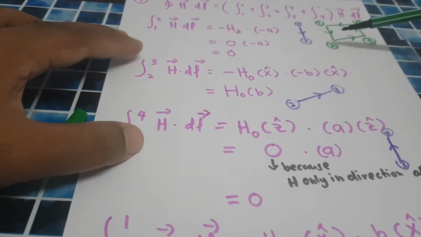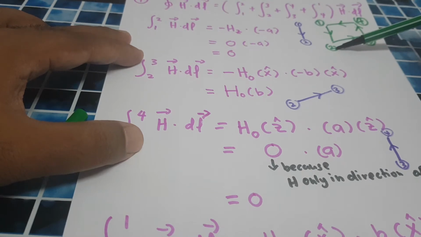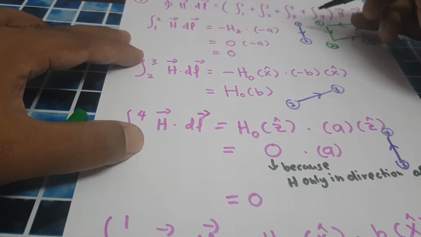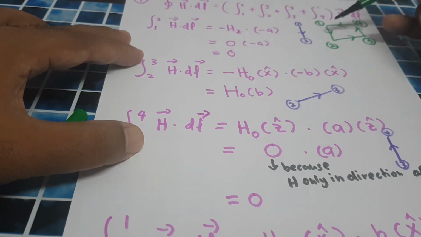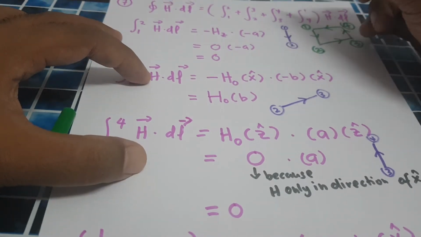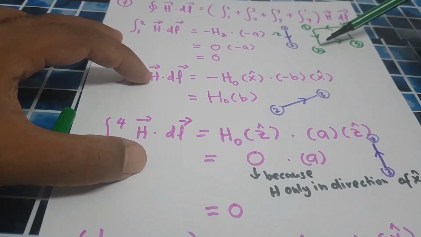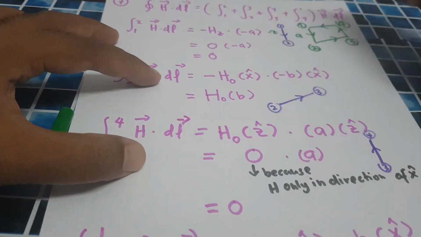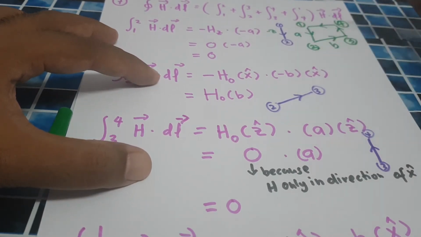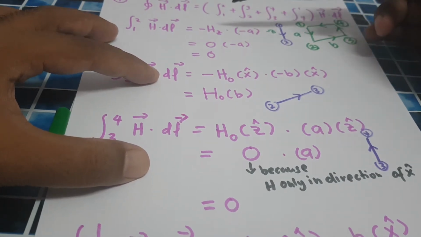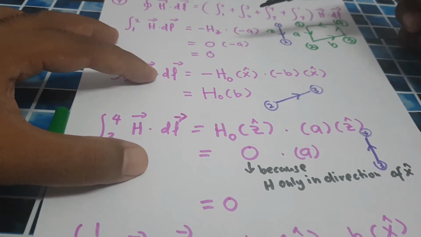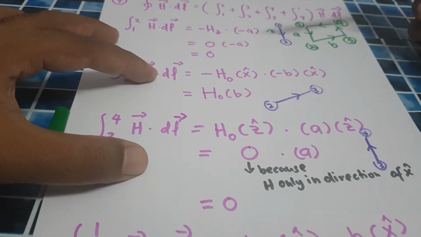So we integrate first from point 1 to point 2. Here dl is toward the negative z direction, the vertical side is a and the horizontal side is b. From the previous cyclic permutation, the H direction is in the x direction, so there is no z component.